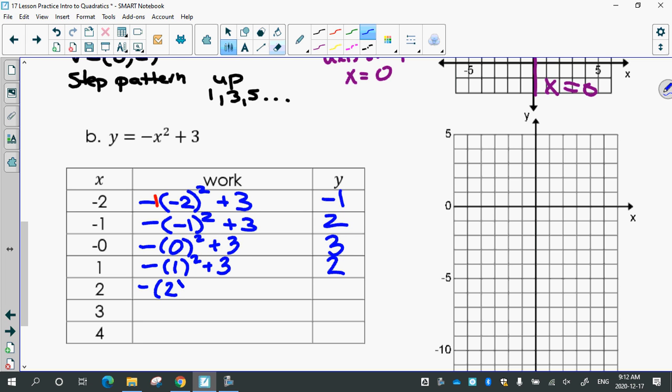Negative 2 squared plus 3 is negative 1. Negative 3 squared plus 3: negative 9 plus 3, negative 6.